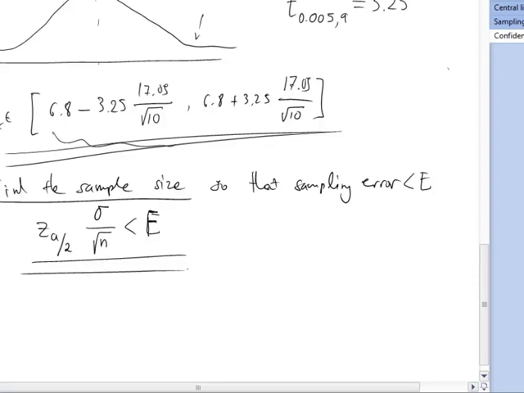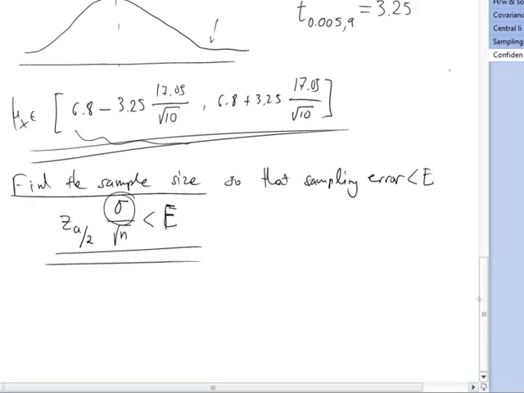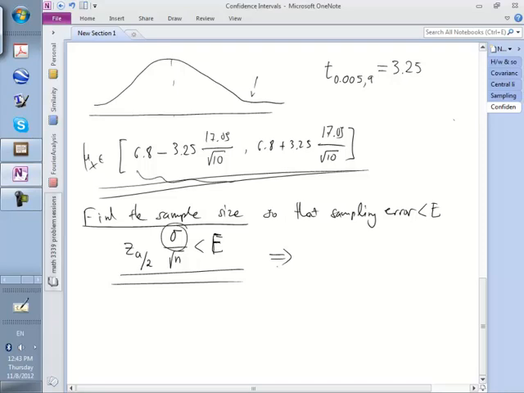If you have not collected the sample, how do you know the sample standard deviation? First you have to collect the data, then you calculate it. So you need an idea of what sigma is going to be. You can get that from different data, or use certain rules of thumb. Once you do this, you solve this inequality with respect to N.